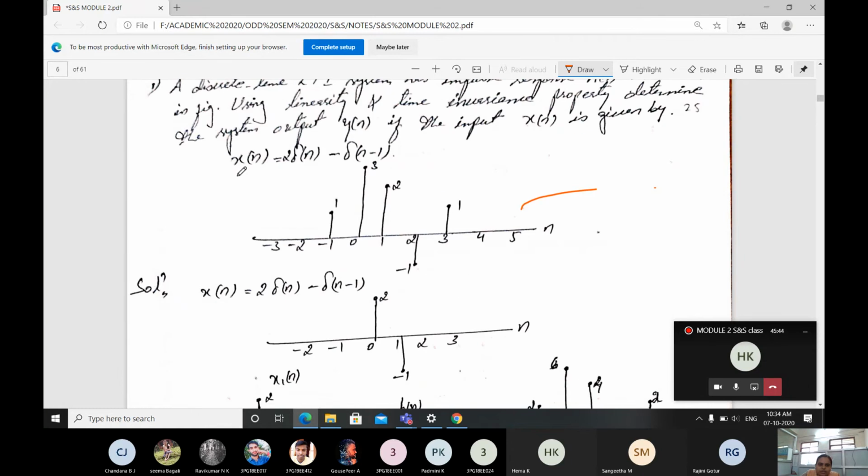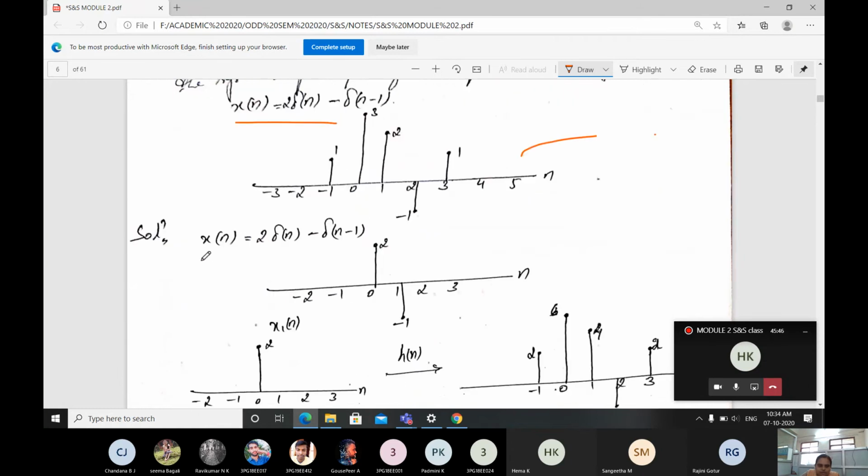First we will write what our x of n signal is. x of n is 2 delta of n minus delta of n minus 1. How can we represent this signal? I hope you remember how we do the operation for the delta function. Here, 2 delta of n: delta of n has a value of 1 only at the 0th position.